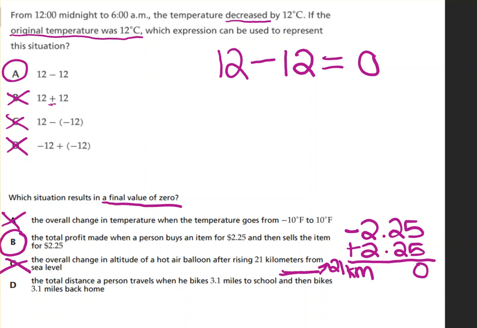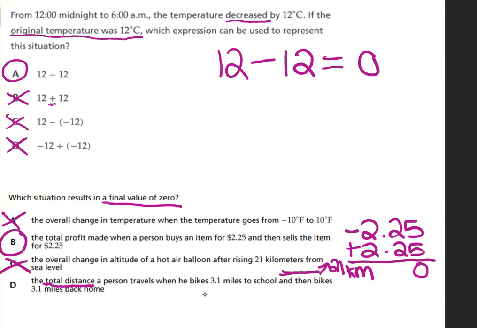Now choice D, the total distance a person travels when he bikes 3.1 miles to school and then bikes 3.1 miles back home. So we're looking at the total distance of both of those bike rides together. This one is designed to trick you.